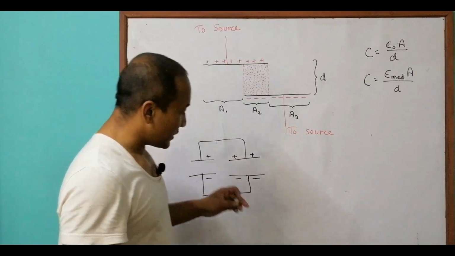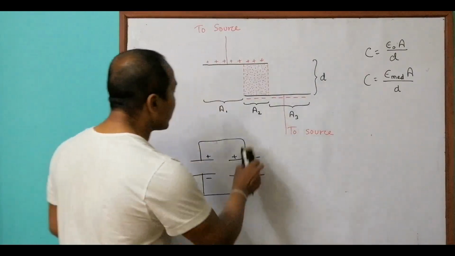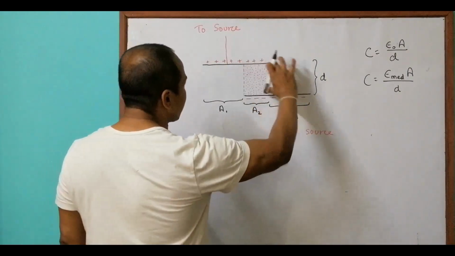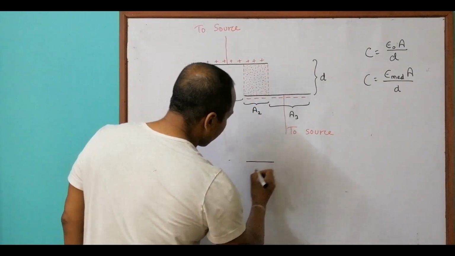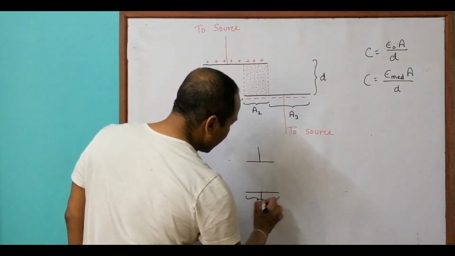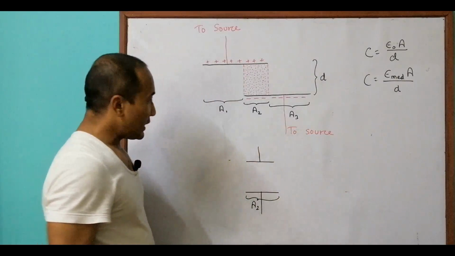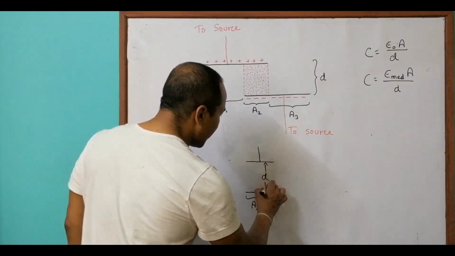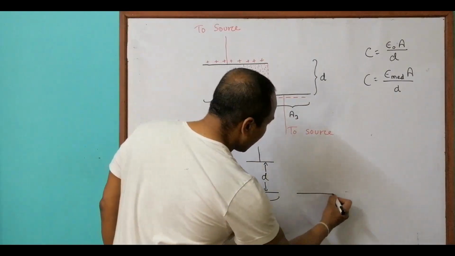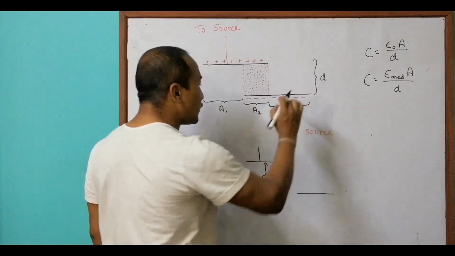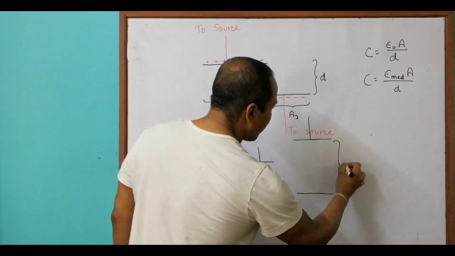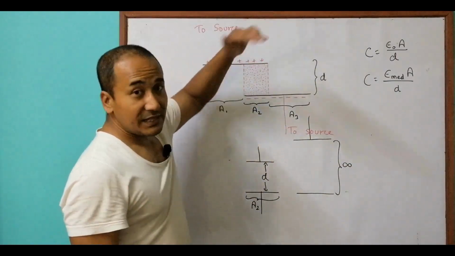So here, this arrangement can be divided into three capacitors. One capacitor is the middle one, in which the area is A2 and the separation from here to here is D. Now we have another capacitor, and its other plate is so far away that it is at infinity.